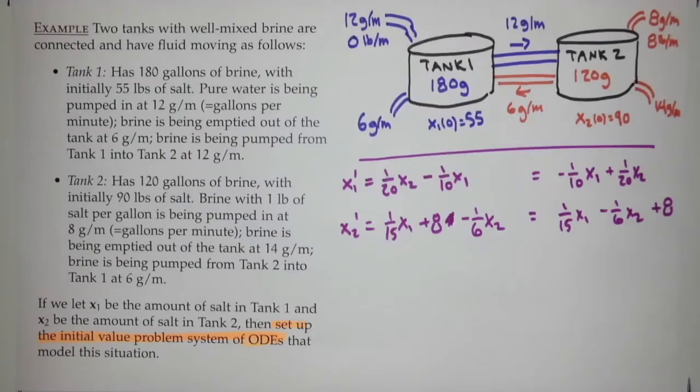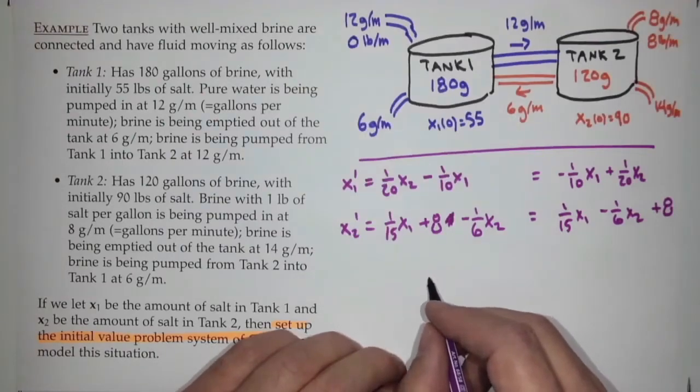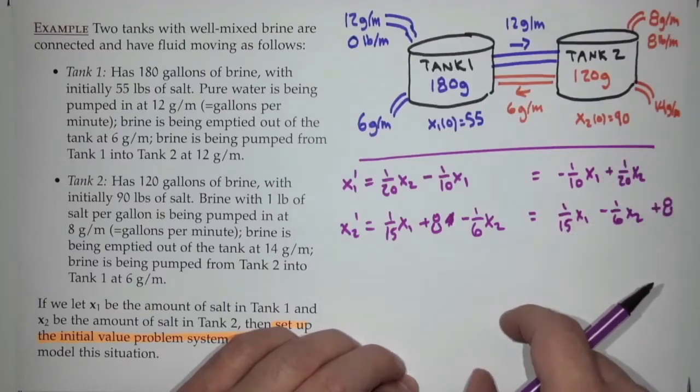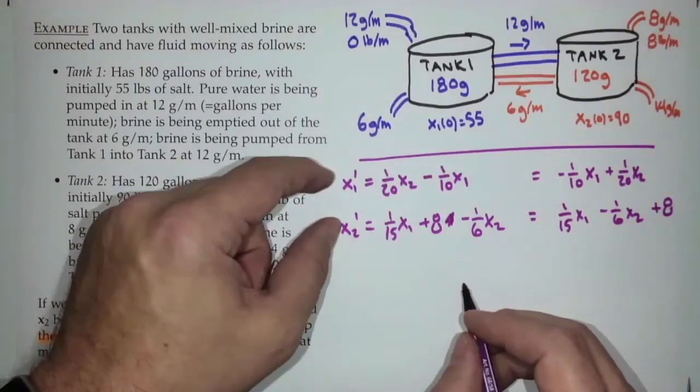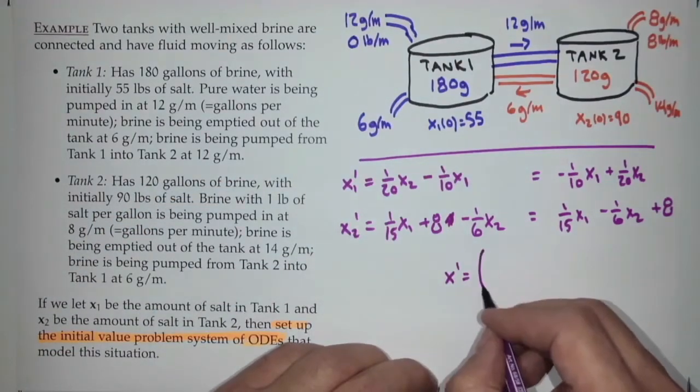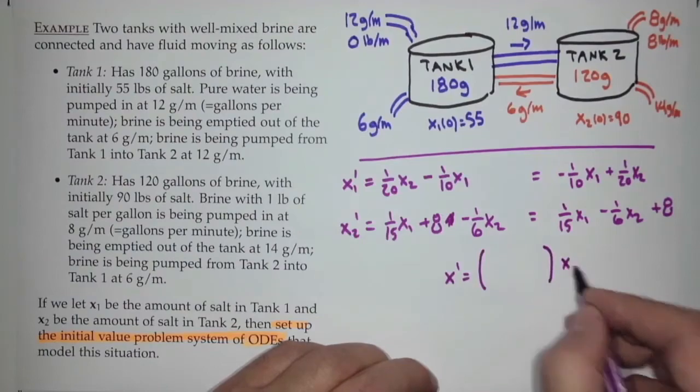As a matrix, since we should learn to go from a system to a matrix, we'd have our derivatives, x prime equals something x.